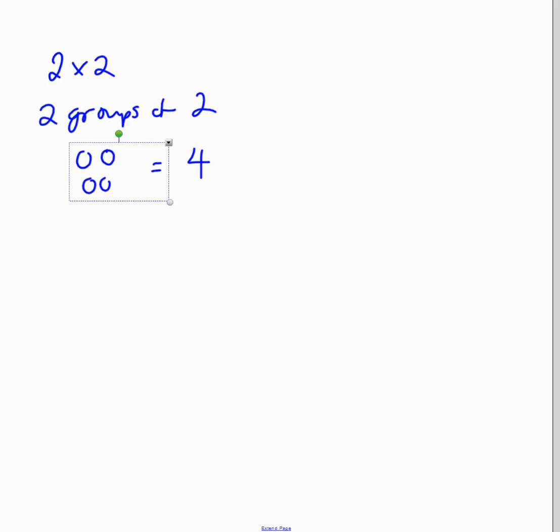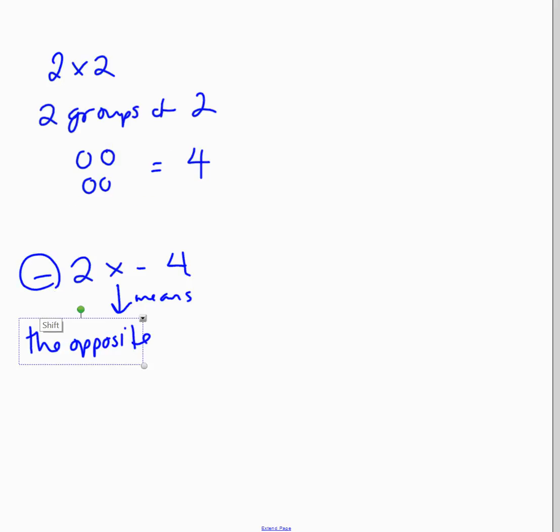Now, the one that's a little more challenging is this one here as an example. So what does this mean? This negative in front means the opposite of 2 groups of negative 4. So let's think about that.